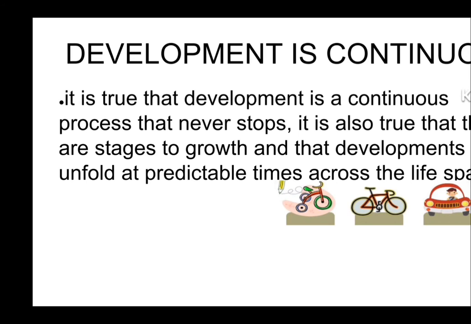As you can see in the image, when a child is small, he tries to ride a tricycle, then he tries to ride a bicycle, and when he grows, at the age of 15 to 16 years, he will start to drive a car. So this is development is continuous. Continued development is happening in one child's life.